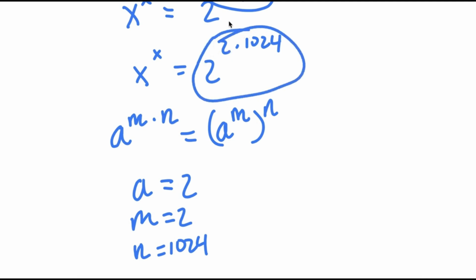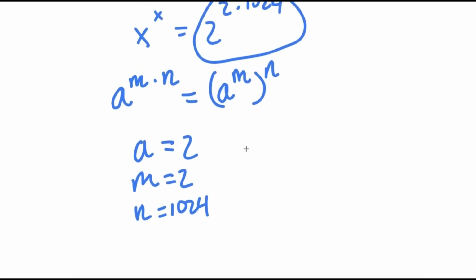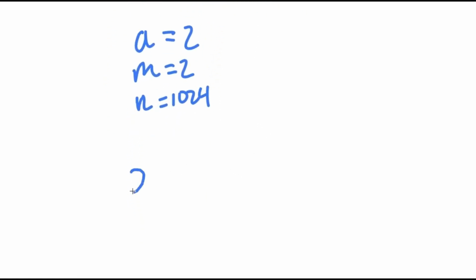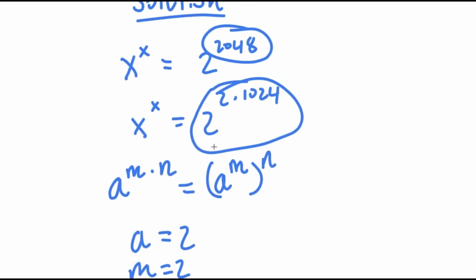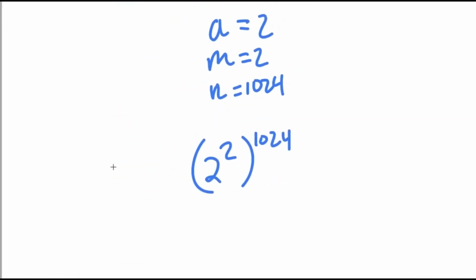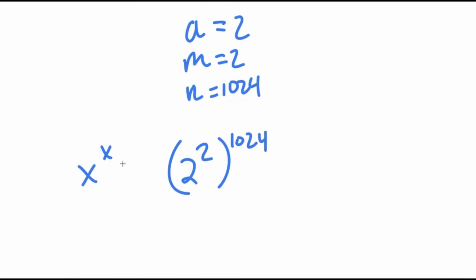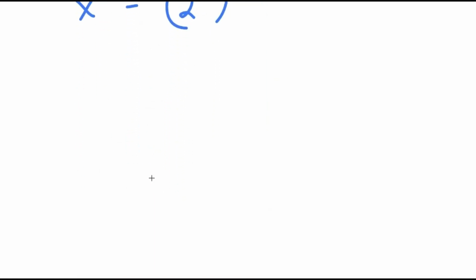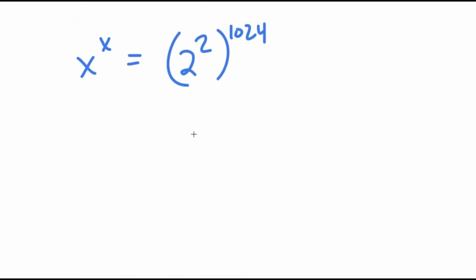So if I rewrite this in this form, I get 2 to the power of 2, to the power of 1024. And remember, this is equal to x to the power of x. Now, 2 to the power of 2, that's equal to 4. So I have x to the power of x is equal to 4 to the power of 1024.